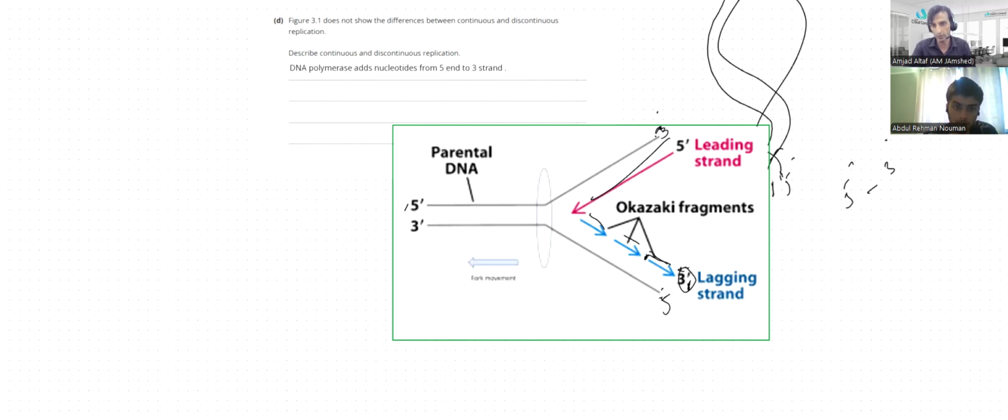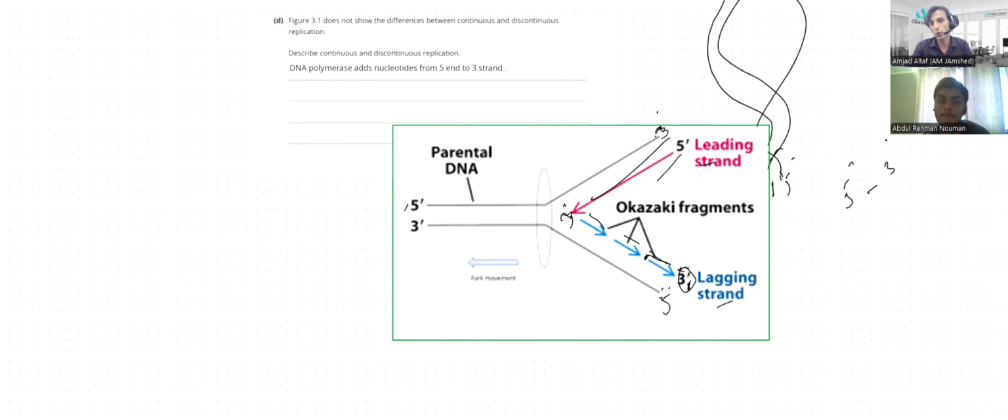But what is shown in this diagram, the leading strand and the lagging strand, is what he is trying to show you, because DNA polymerase works from 5 to 3. This should be like this. Okay. So the problem is on this side, on the lagging strand. I have told you already, because the parental DNA is like this, it's from 3 to 5 here.